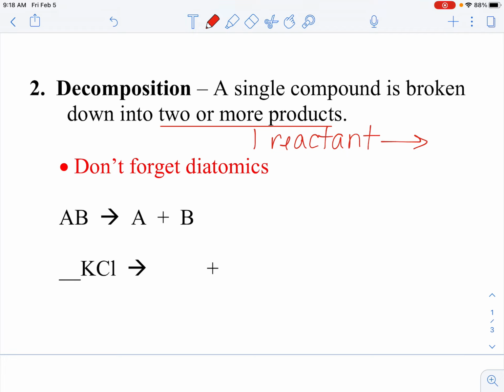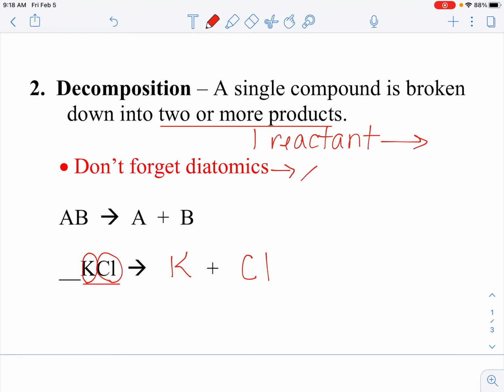For the ones that we're going to be giving you, you could just take the initial compound and break it down into its individual components or its individual elements. So for example, KCl has potassium and chlorine in this compound. So it's going to break down into potassium by itself and chlorine by itself.